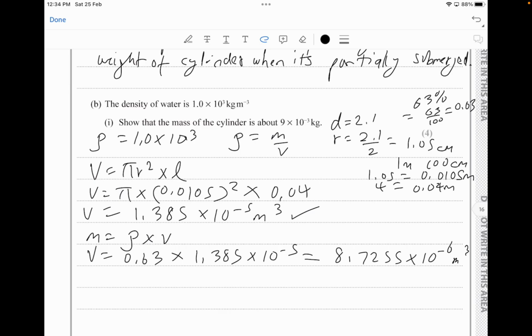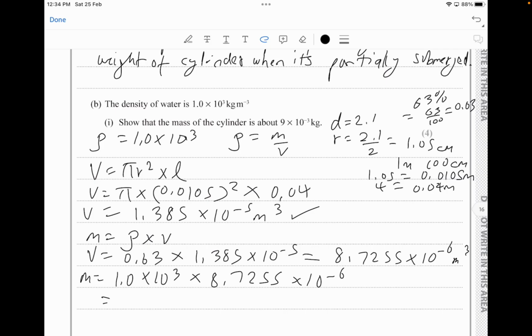Now this is going to be your volume. Now using this, we're going to do the mass of the cylinder, which is equivalent to the mass of water displaced. So we have to show that the mass of the cylinder is roughly about that. So the mass is equivalent to the density, which is 1.0 times 10 raised to the power 3, times the volume, 8.7255 times 10 raised to the power negative 6.